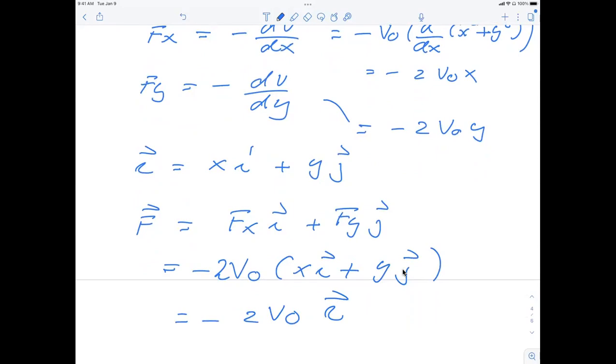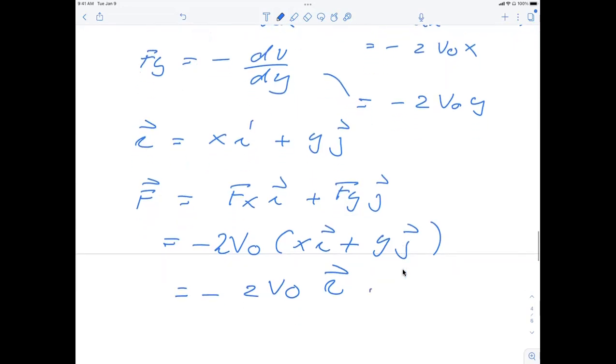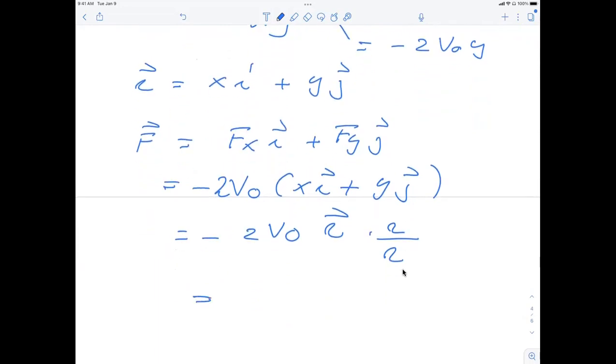So if I take this term here and simply multiply with the absolute value, r times r, this is then equal to 2 v0 times r, and then we have this unit vector like this. And then you would have to do the same thing with the r to the power of 4 term. So just keep that in mind, and remember the minus sign when you take the derivative of the potential. It's easy to forget that.